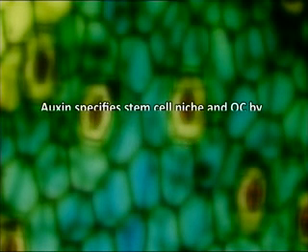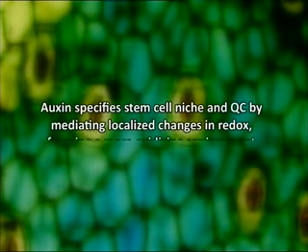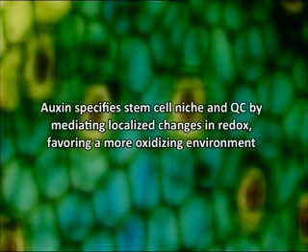Number 5. Oxygen specifies the stem cell niche and QC by mediating localized changes in the redox preferentially favoring a more oxidizing environment. Number 6. Cells locating at the point of lineage convergence in the QC are at the deepest level of quiescence and divide the least frequently, whereas cells located towards the proximal, that is basal phase of the QC divides more frequently.